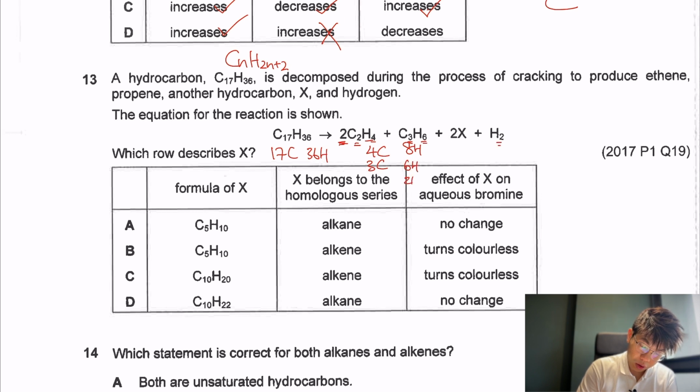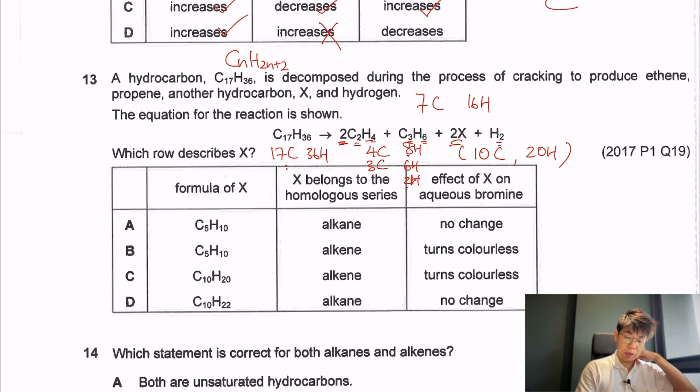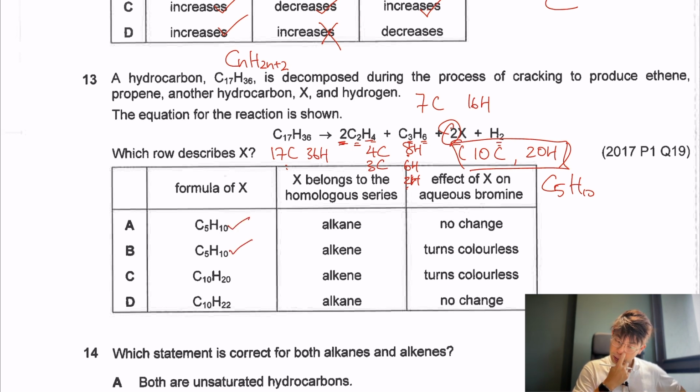And here I got 2H. So now I have a total of 7 C's and I have 16 H's. So taking note of this, what I have left is 10 C's and 20 H. And then because I have 2 of them, each of them would be C5H10 because I have a 2 here. So I need to divide all this by 2. C5H10. This is a CnH2n. Right, so this is an alkene, and therefore it turns aqueous bromine colorless. So this is B. Right, sorry for the confusion.